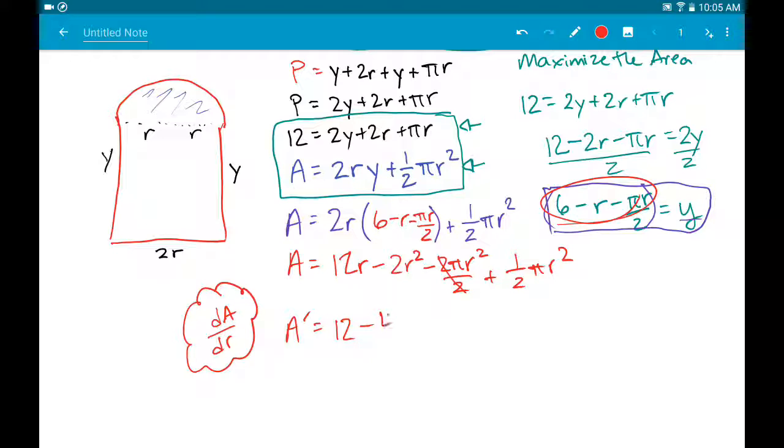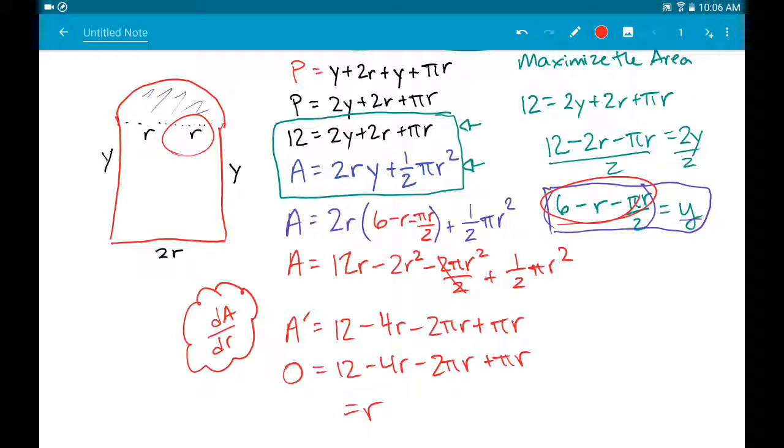You'd have 12 minus 4r minus 2 pi r plus 2 times 1/2, you just have pi r. And you set it equal to 0. Now you would be in charge of solving for r. It looks like your answer would have some fraction of pi in it. But when you get that r, that would be the radius that leads to the maximum area in this scenario.